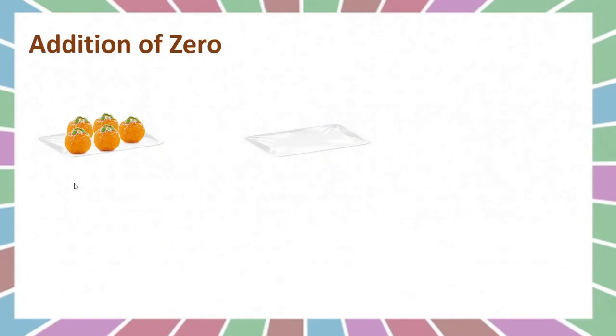Now here you can see laddus on the tray. And this tray is empty. No laddus, nothing is there on the tray. Correct? Now let us try to add the laddus from both the trays. Okay? Now see here. Laddus plus how many? 0.